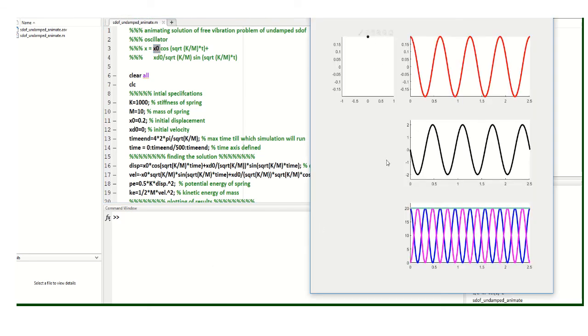Now you have also seen that the velocity variation shows an extremum at certain locations, and then it also comes to zero. So it is also oscillatory behavior. When velocity is maximum, displacement is zero. When velocity is zero, displacement is maximum, that is, extremum.